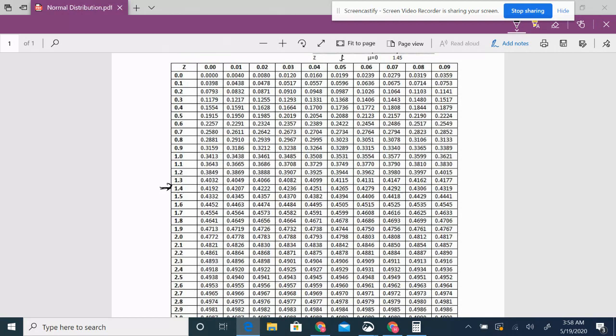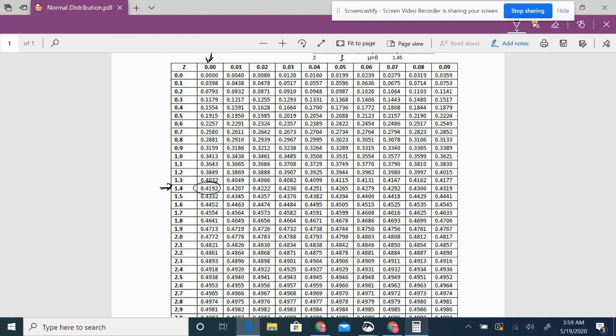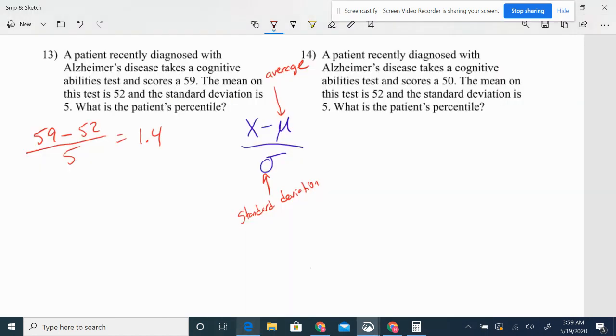My second decimal place was a 0, right? So my second decimal place is here. So 1.40 or 1.4 happens to be 0.4192. Let me write that number, 0.4192.